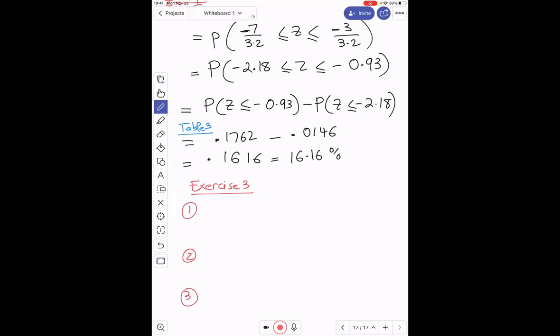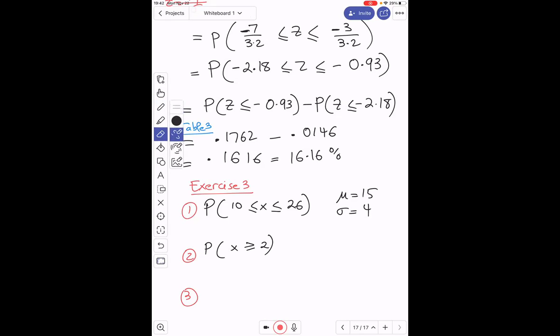So let's say you want to find the probability that x is between 10 and 26, if you know that the mean, the average, is 15 and the standard deviation is 4. Next, the probability that x is larger than 2. No, not this, I don't like this example.